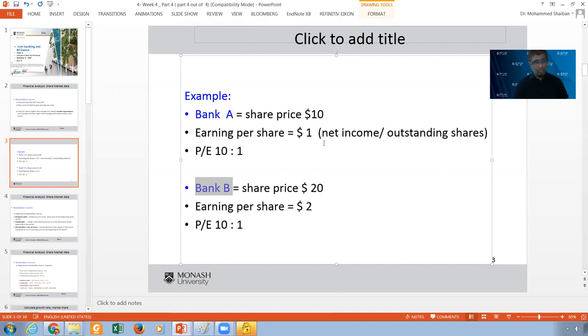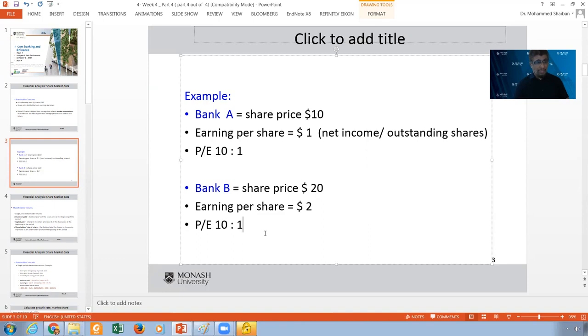When we talk about earning per share, as I told you, it's the net income over the outstanding shares. Bank B is the same thing from the perspective of the investors: the share price is 20 and they are making $2 per share. So you still look at it as 10 to 1, or 20 to 2. So we say 10 to 1.